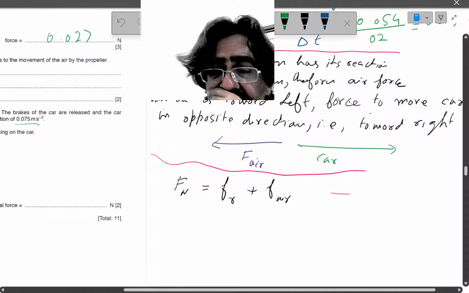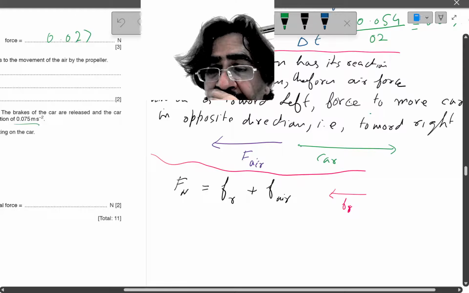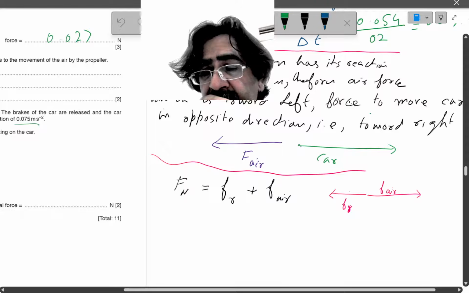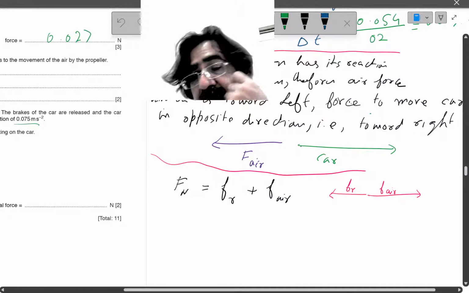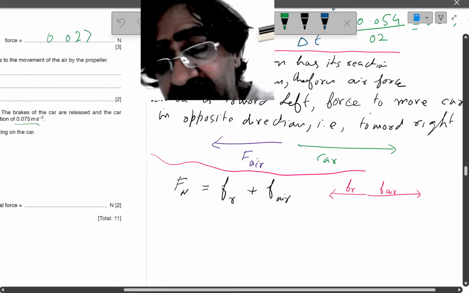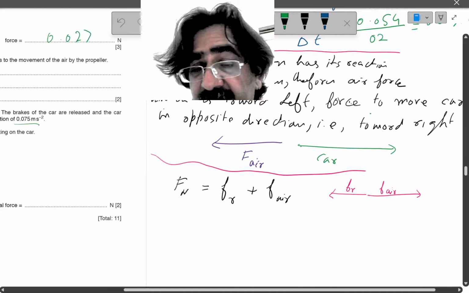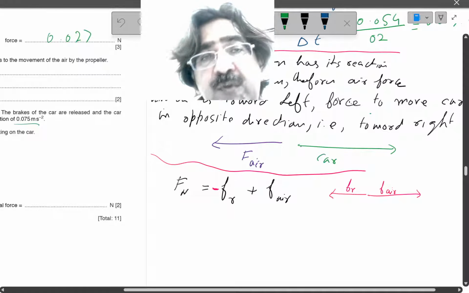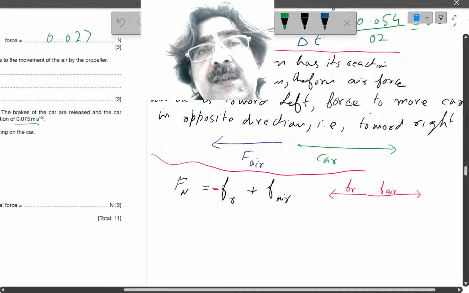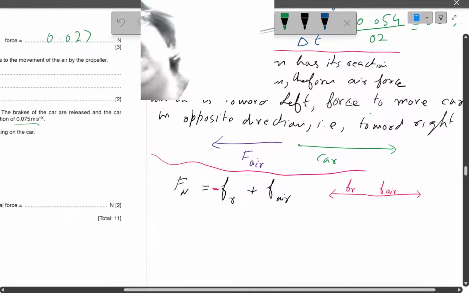The friction force will be on this side, and F_air will be on this side because the directions of both are opposite. Friction force will be in the opposite direction, so there will be a negative sign.